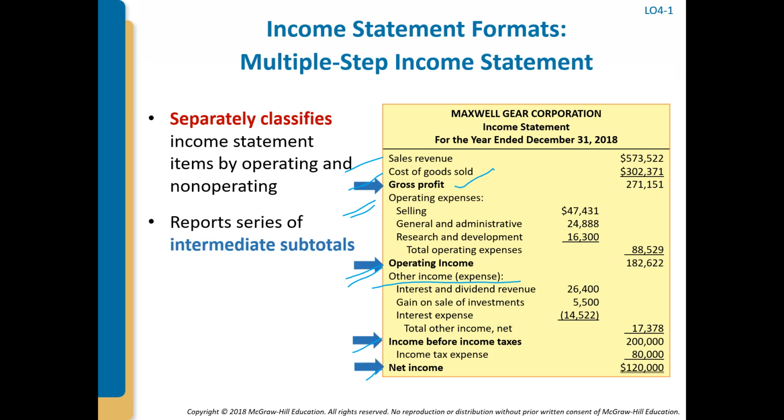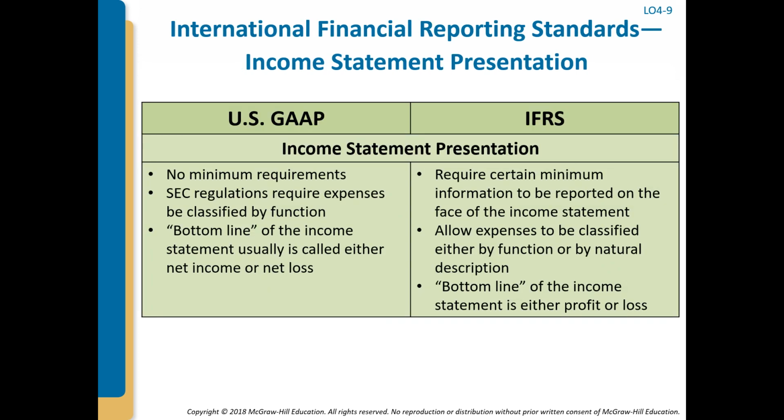And the difference between US GAAP, meaning generally accepted accounting principles, and IFRS, International Financial Reporting Standards, in income statement presentation: there are no minimum requirements in case of US GAAP, and Securities and Exchange Commission regulations require expenses be classified by function.